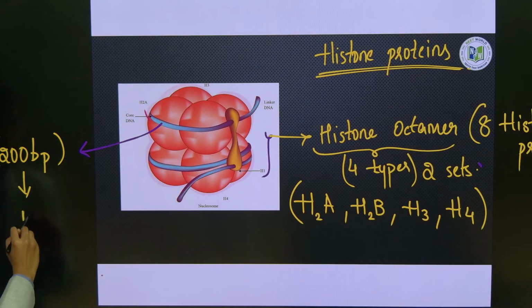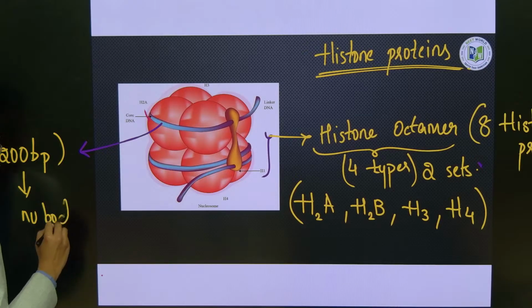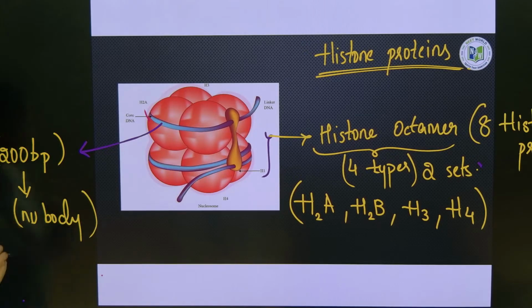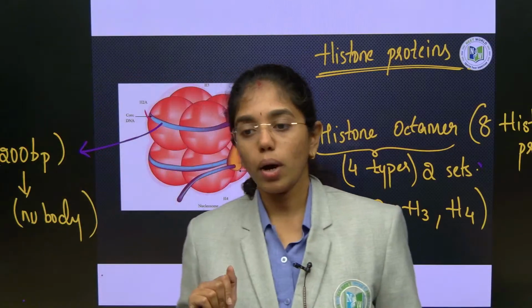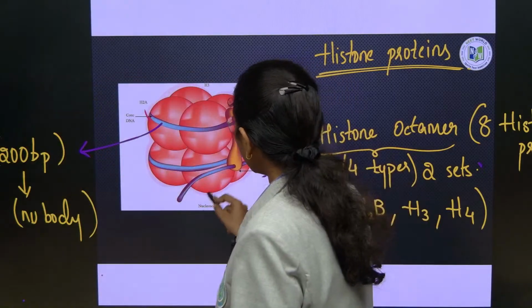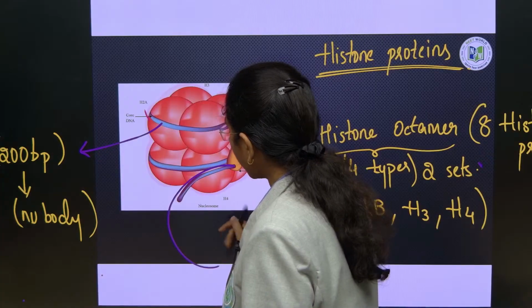This forms a nucleosome. So in one nucleosome, 200 base pairs of DNA are present. Now from one nucleosome the DNA connects to another.